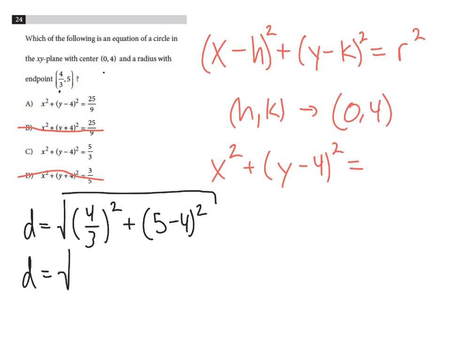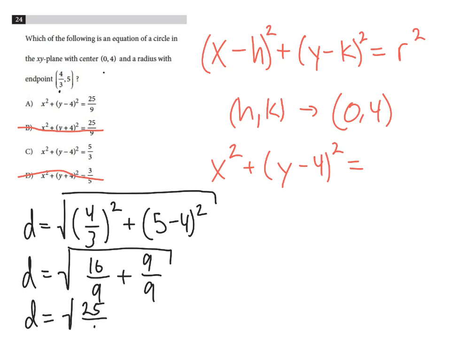Well, that's going to be 16 over 9 plus 1 squared. Now 1 squared is just 1, but instead of writing it as 1, I'm going to write it as 9 over 9. Then I've got the square root of, well, add the numerators, so I get 25.